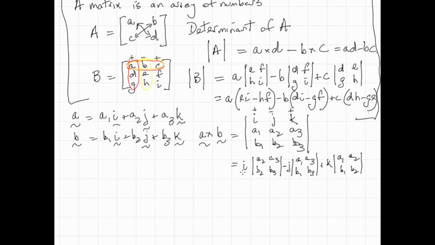Now i, j and k are vectors. They are our unit vectors.